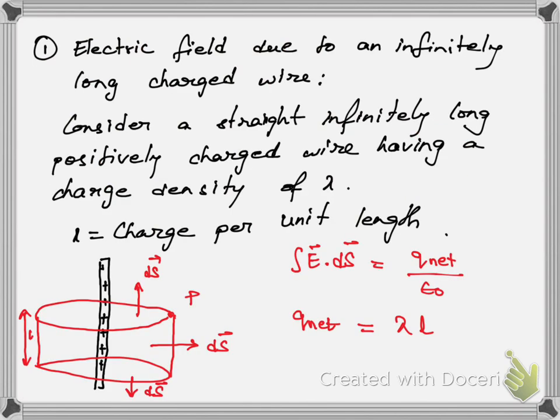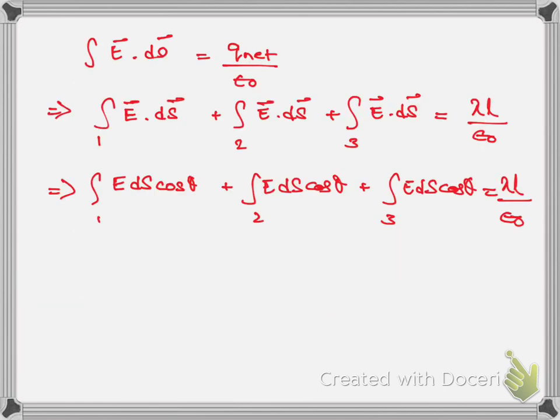As we know that the wire is positively charged, so the direction of the electric field will be away from the wire. So this is the direction of the electric field. Now as you can see, for surface 1, that is the top circular part, the angle between ds and electric field is 90 degree. So here we are going to put theta as 90 degree.